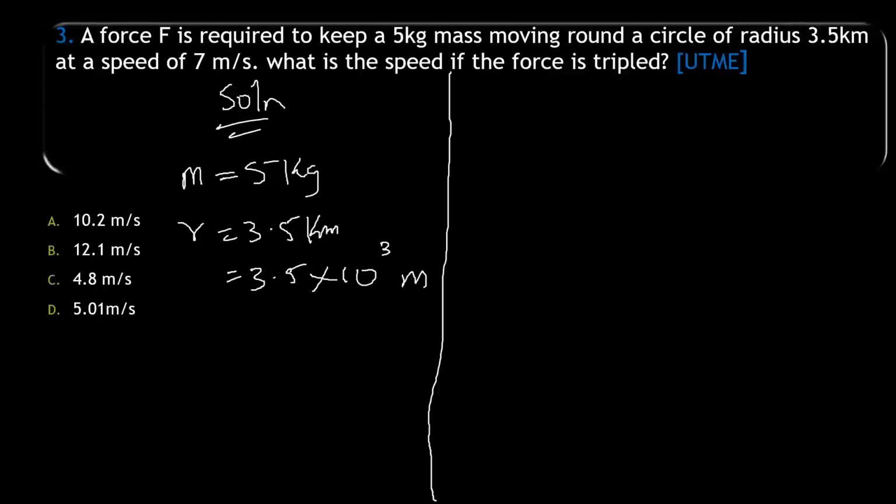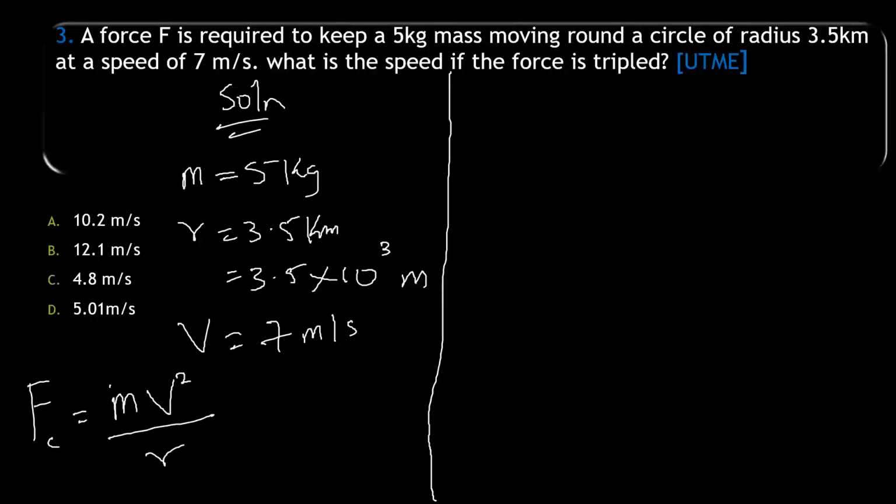We know that the speed v is 7 meters per second. So the formula for centripetal force is mass times speed squared all over r. I hope you've not forgotten.